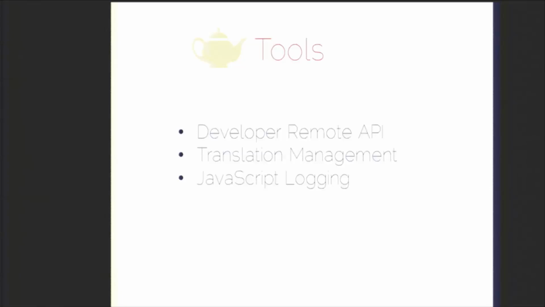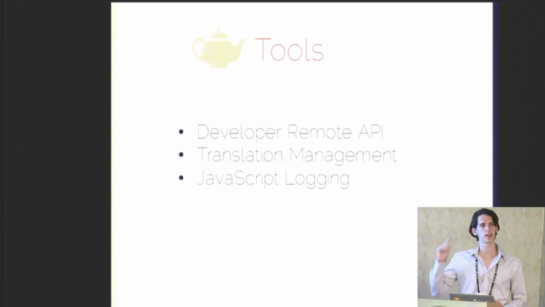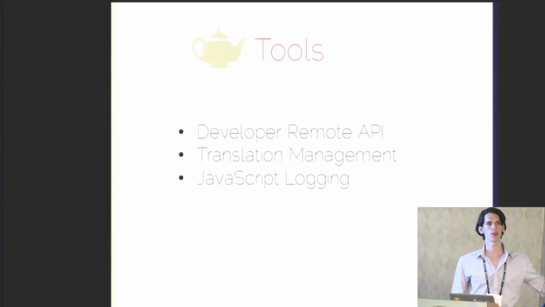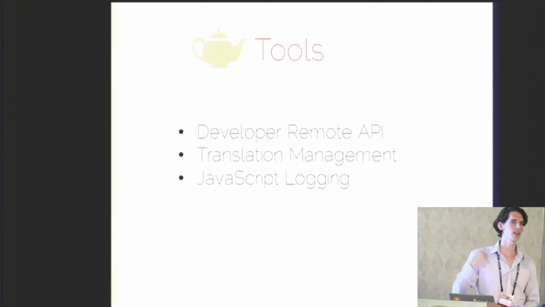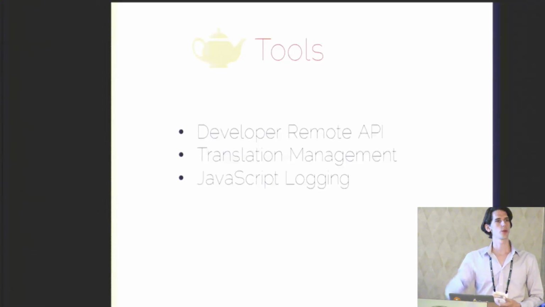And we have some logging features, so if you're in development version, like if Cake debug level is 2, the front end will show all the error messages and the debug messages and everything. If you're in production mode, it will automatically switch and send all the JavaScript errors to a special place on the server. So you have a JavaScript error log file on the server, which collects all the JavaScript errors.